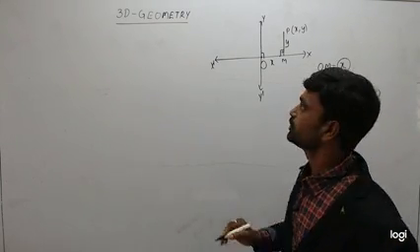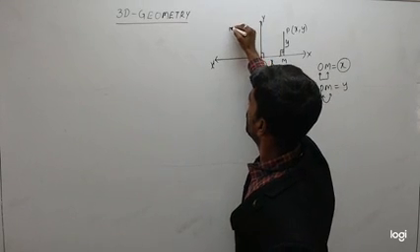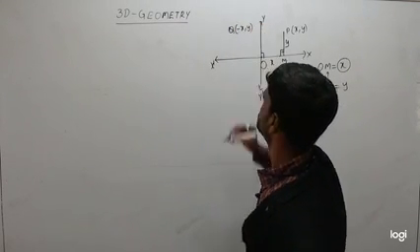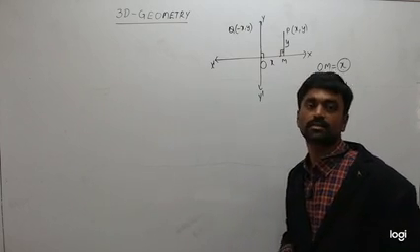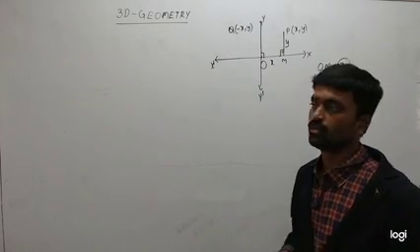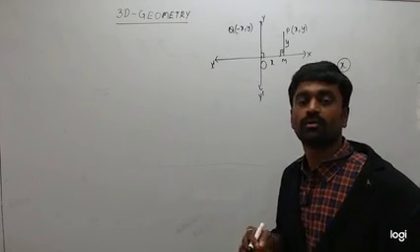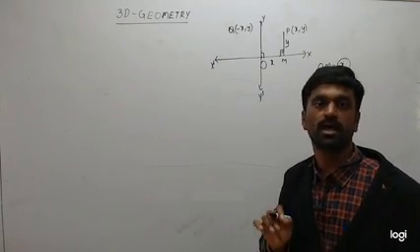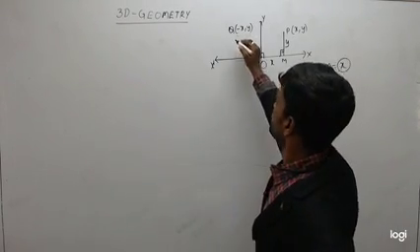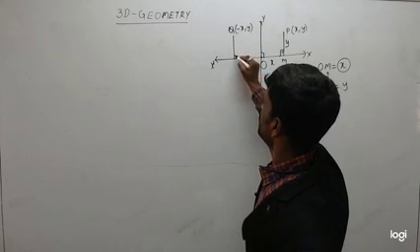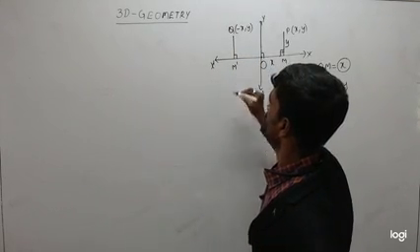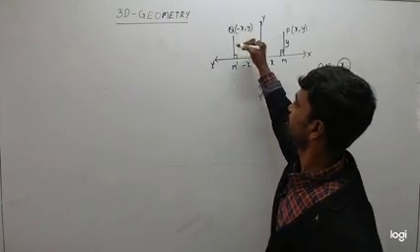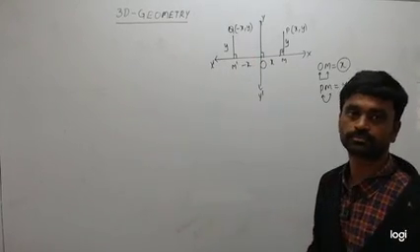Suppose you take the point Q here, say (minus x, y). Why have we taken minus x comma y, and not x comma y? Why is the x coordinate negative? A reason is there, I will explain that. From Q you draw a perpendicular on the x-axis, say M dash. Then OM dash becomes minus x, and QM dash becomes y.